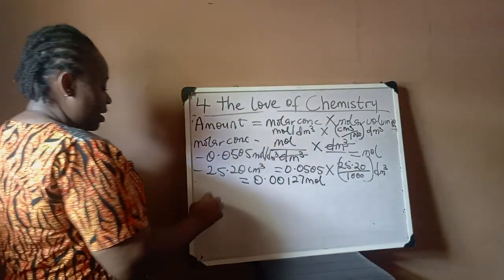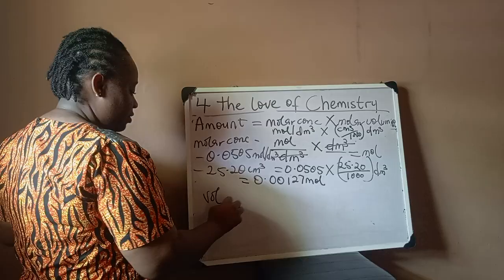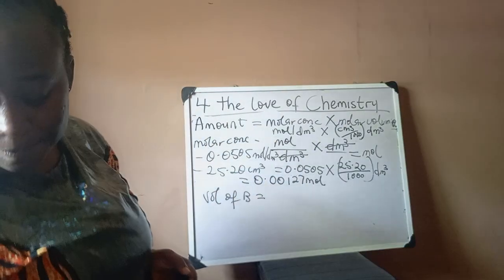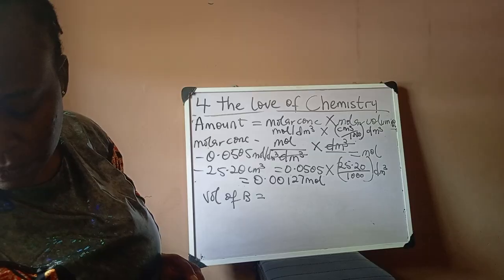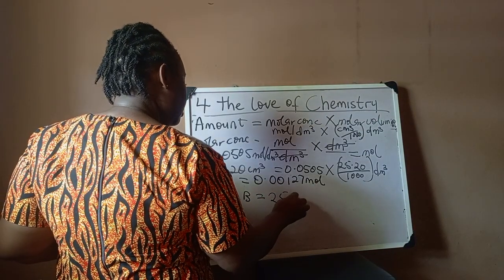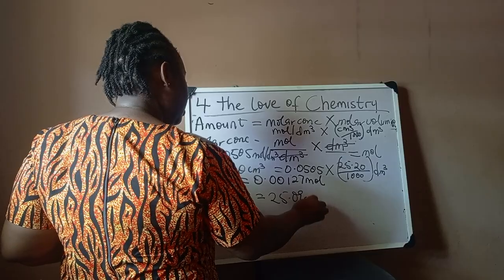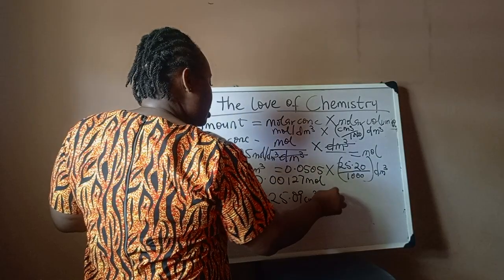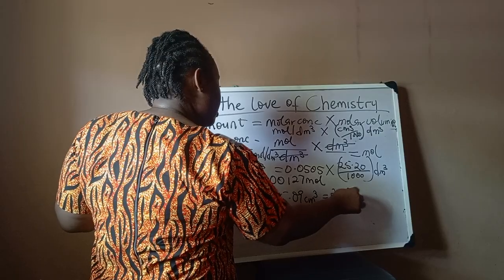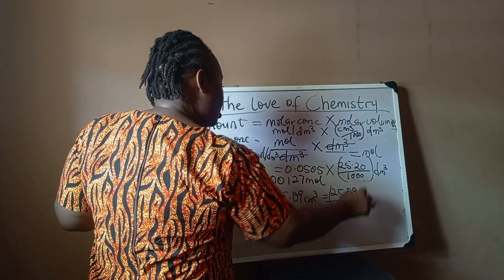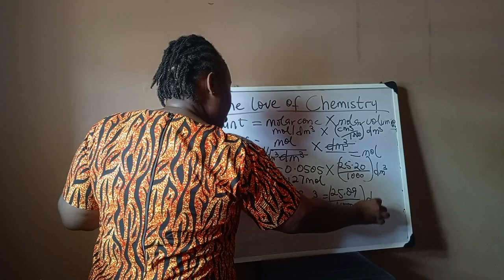So the volume of the base was 25.09 cm cubed. While you are listening, you can do something like this: 25.09 all over 1000, all in dm cubed.